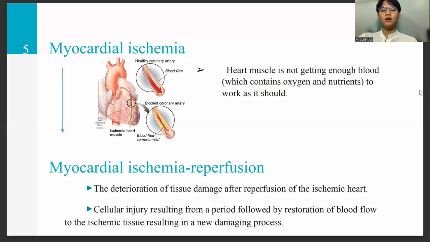Myocardial ischemia reperfusion is cellular injury resulting from a period of ischemia followed by restoration of blood flow to the ischemic tissue, resulting in a new damaging process, which causes calcium overload, excessive generation of free radicals, and subsequent inflammatory reaction.